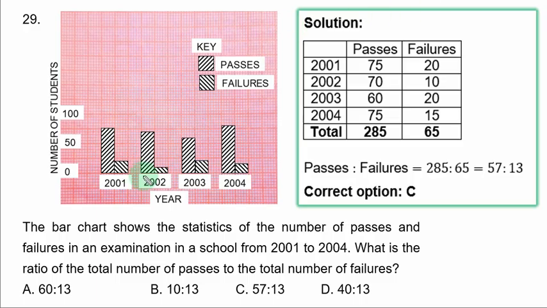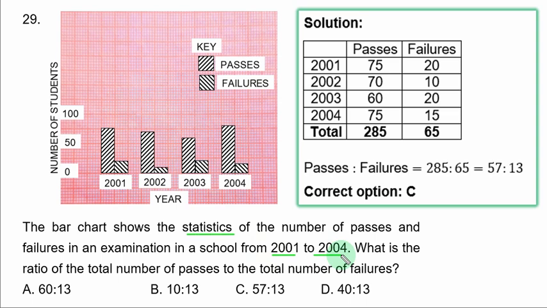Question 29. The bar chart shows the statistics of the number of passes and failures in an examination in a school from 2001 to 2004. What is the ratio of the total number of passes to total number of failures?